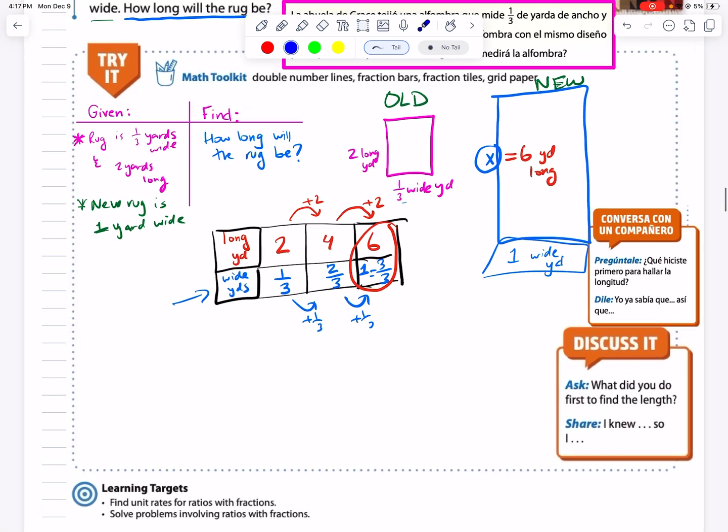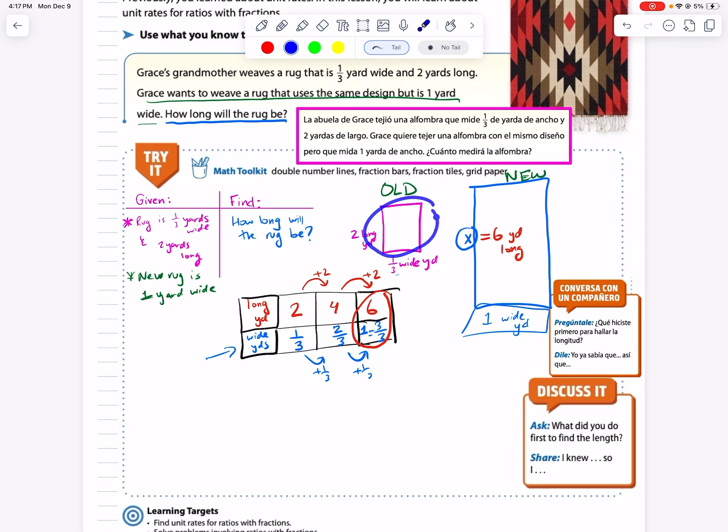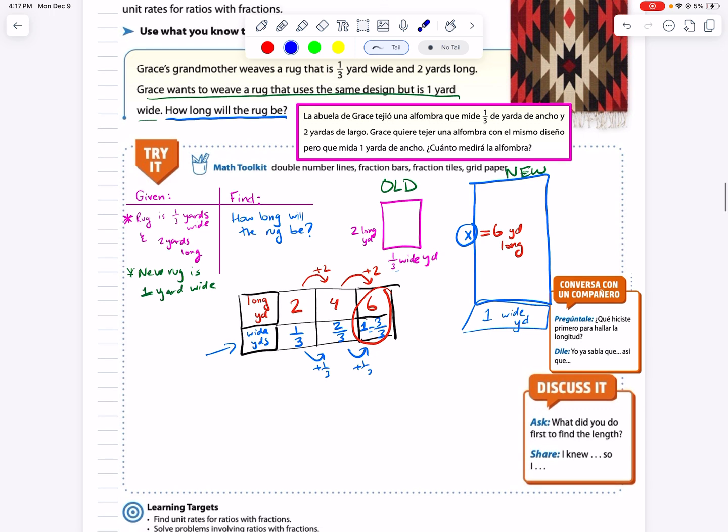Well, I knew that they wanted to do a scale drawing. Scale drawings have scale factors, so they have patterns that go across like this. If you want to make patterns that keep going until you get to 1, you can do that. 2 plus 2 is 4, another 2 is 6, and then you could add by 1/3 at the bottom. That's how you know this is in fact the rug.